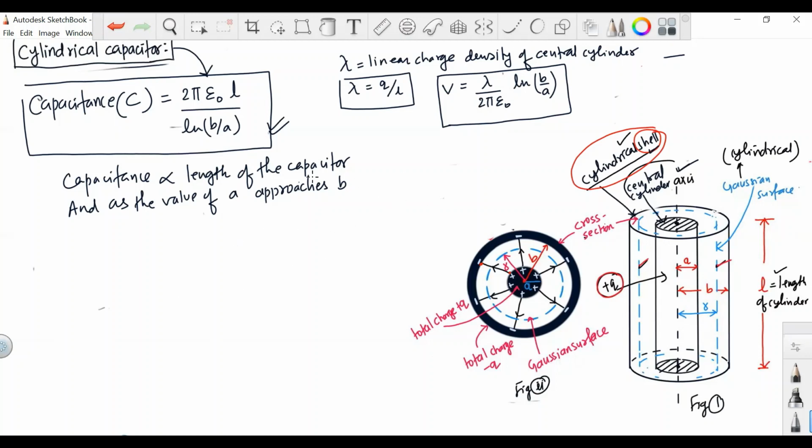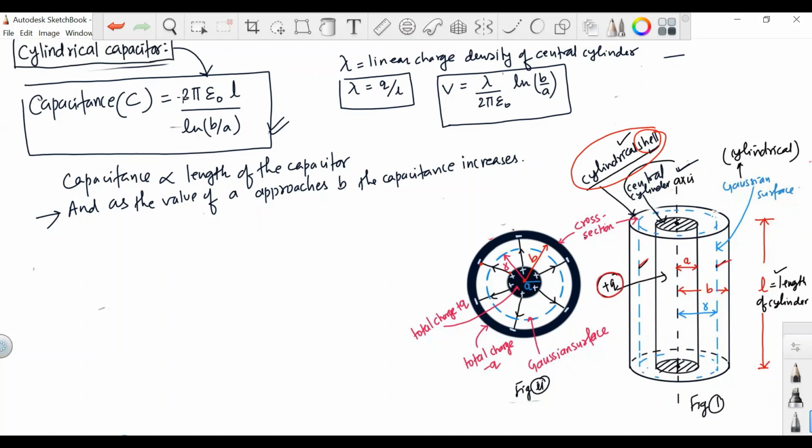So we have this, the capacitance increases. So we need to understand this. So why this happens? Let us understand this, okay?